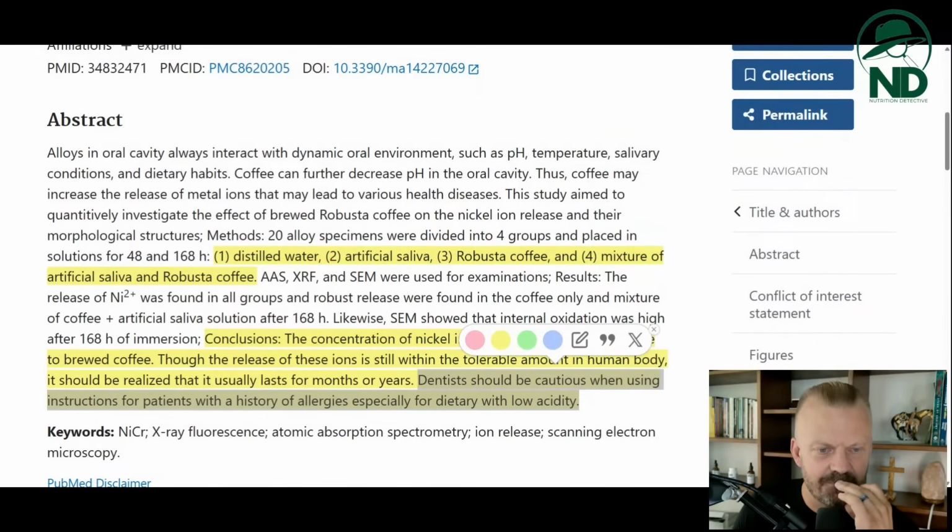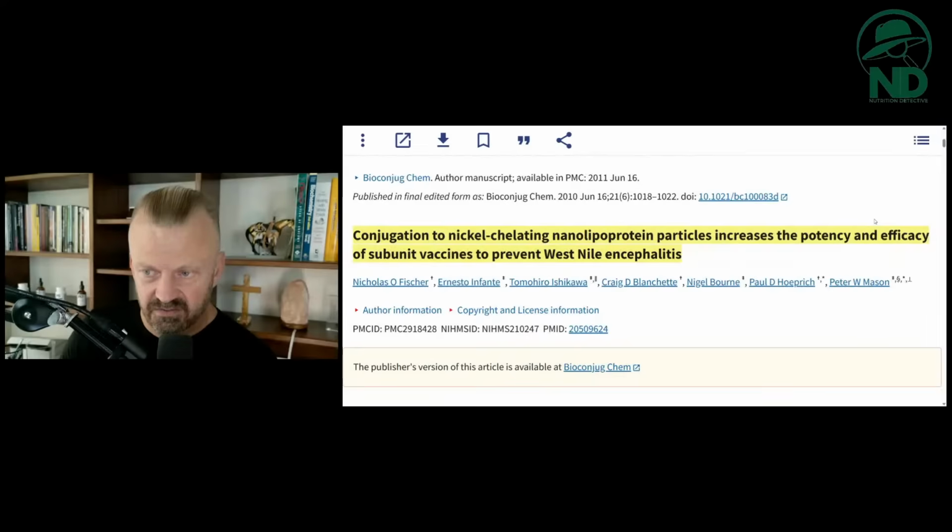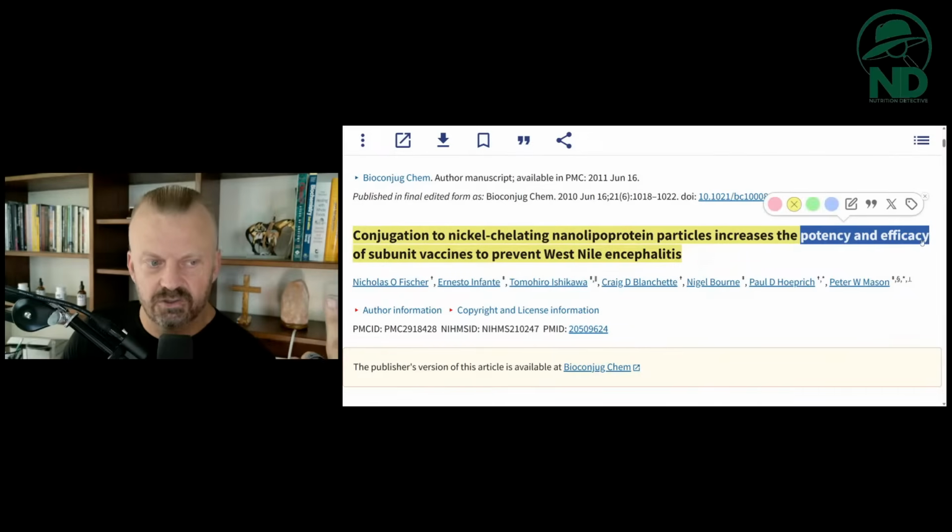Oh, let's just look up these. Let's do nickel as a vaccine adjuvant. Imagine that they'd use it for that. Here we go, Joe. So this is the adjuvant, which basically they say boosts the potency and efficacy of the shots.